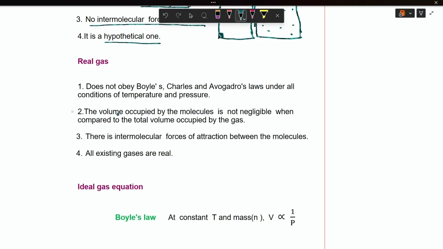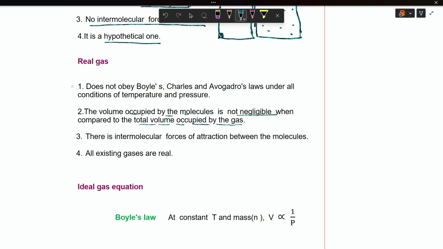The second point is that the volume occupied by the molecules is not negligible when compared to the total volume occupied by the gas. That is because when the temperature is low and we have a high pressure, the gas molecules will come closer.